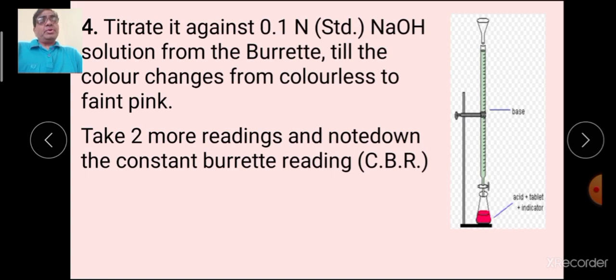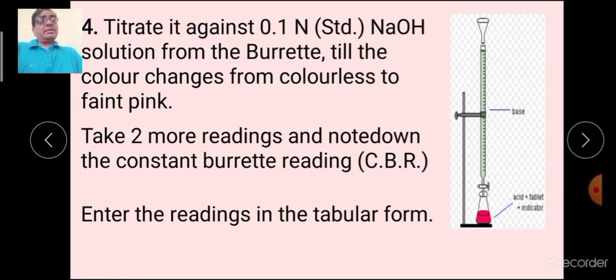Here you have to note down the constant burette reading, that is, out of 3 readings, those which are constant. If 2 are constant, then take the constant reading; it must be constant.